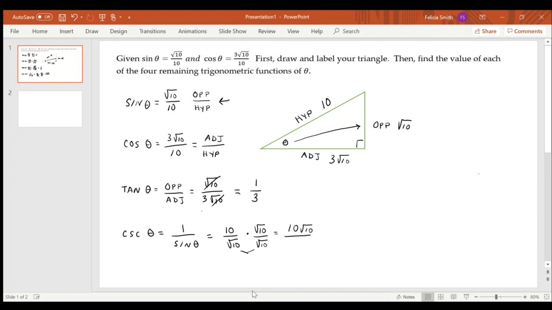And keep in mind, when we multiply these denominators together, we're going to get radical 100, and the square root of 100 is just 10. So there's our denominator. And now we can go ahead and reduce where we can. The 10 on top and the 10 on the bottom will cancel, and we'll be left with radical 10.